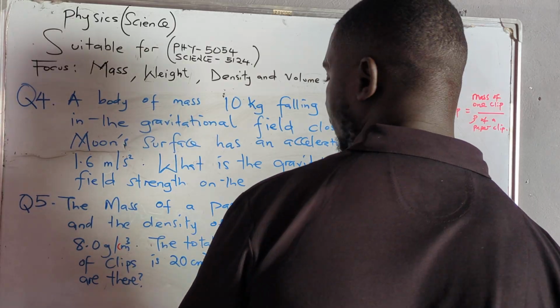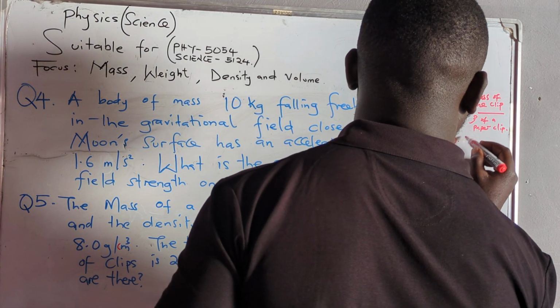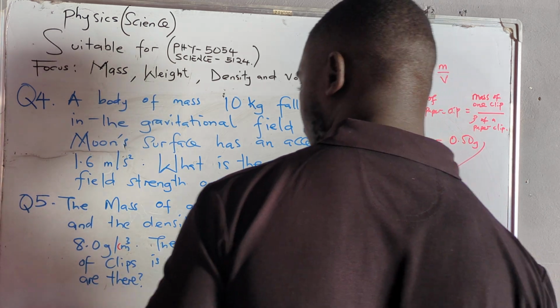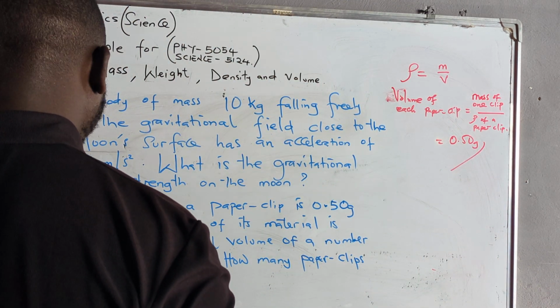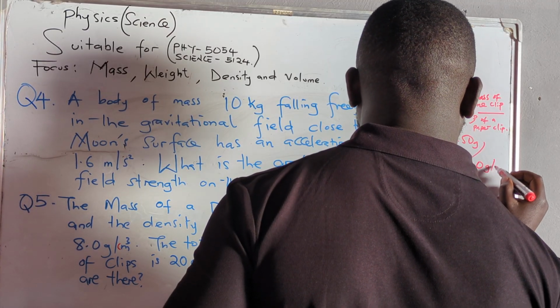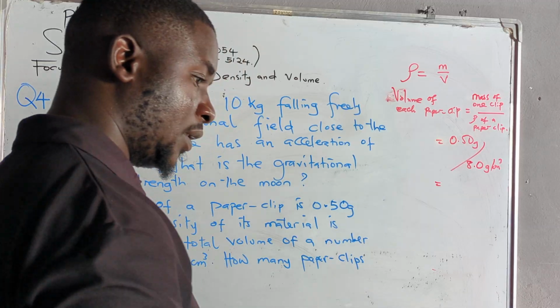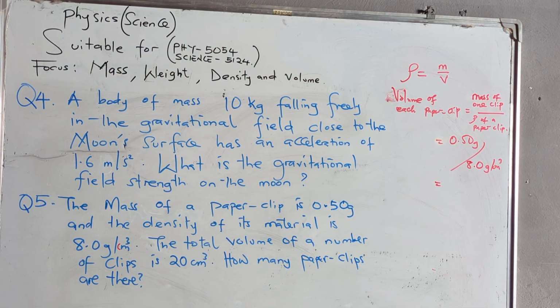The mass, of course, is going to be 0.5 grams over the density of each clip, which is 8.0 gram per cubic centimeter. Let's see what we can get there after punching on the calculator.